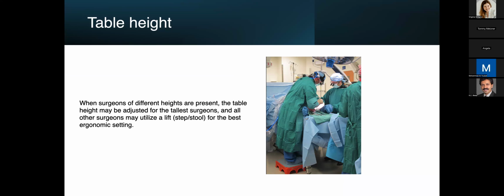And here again, this is a picture of a stepping stool. Always adjust the table for the tallest person in the room, and then everybody would have to stand on the stepping stool accordingly.